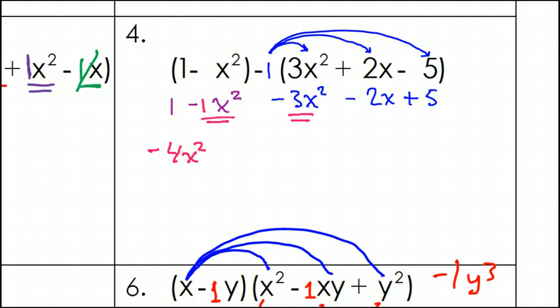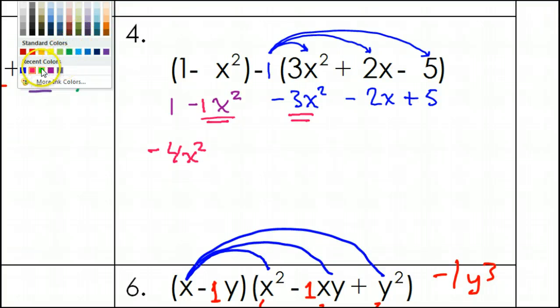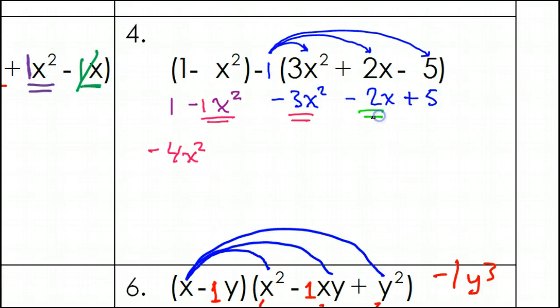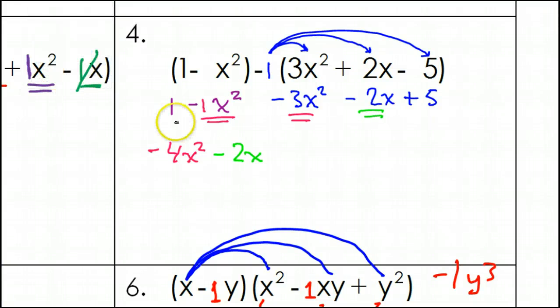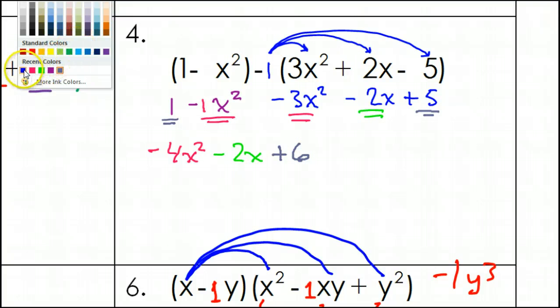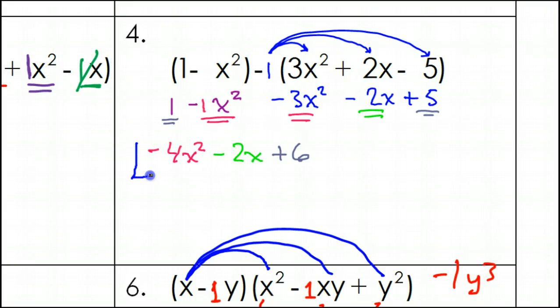Next we look at the x term, and we have one of those, so that's going to give us negative 2x. And then last, let's take a look at the constants. We have the 1 and the 5, and together that makes 6. Okay, that's the final answer.